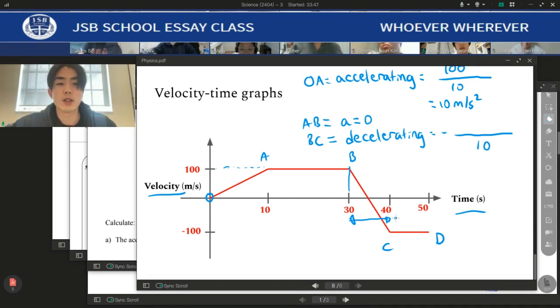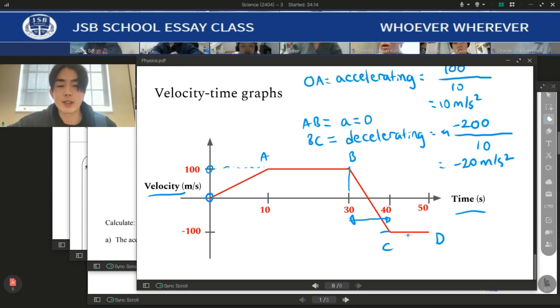What's the velocity? Well, it starts from 100 and it finishes at minus 100. So the difference is minus 200. So the change in velocity is minus 200, which gives minus 20 meters per second squared. That's how we work out deceleration. So just be careful what we're looking at.